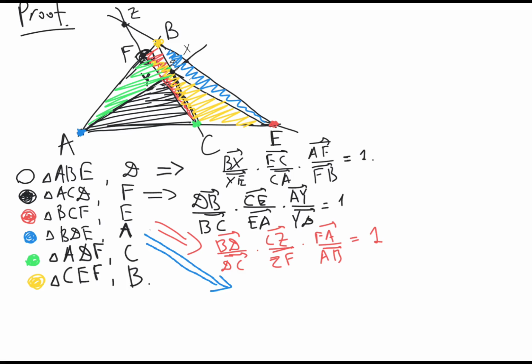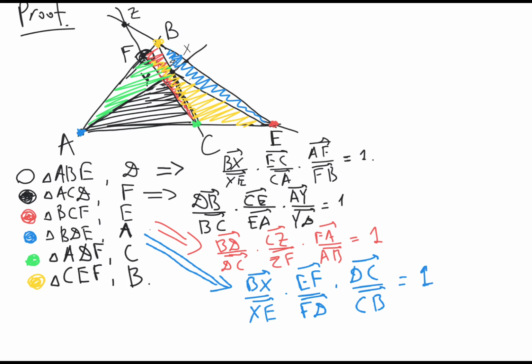So we write that BX over XE multiplied by EF over FD multiplied by DC over CP is equal to 1. So the next one is green.